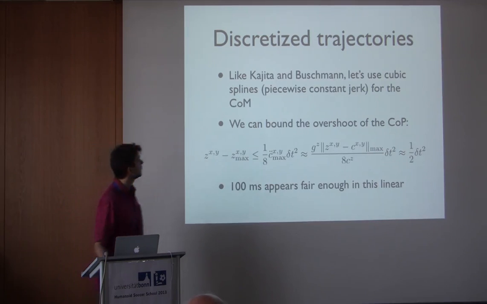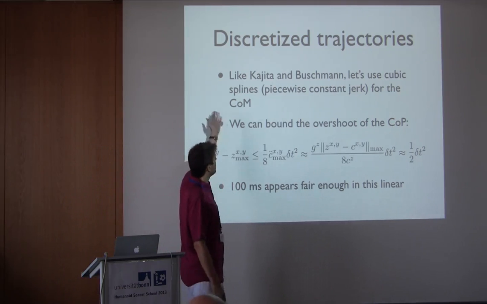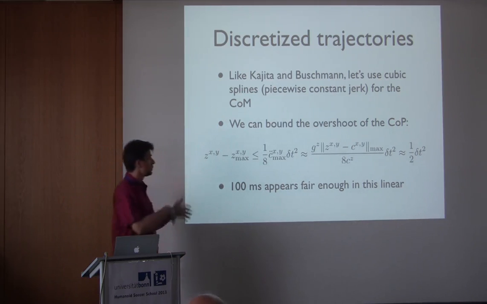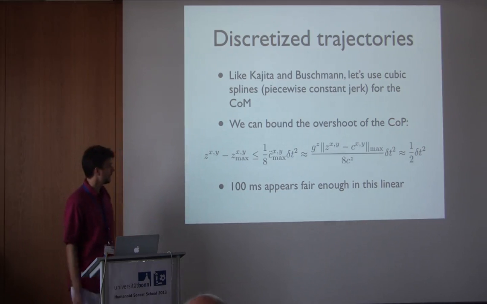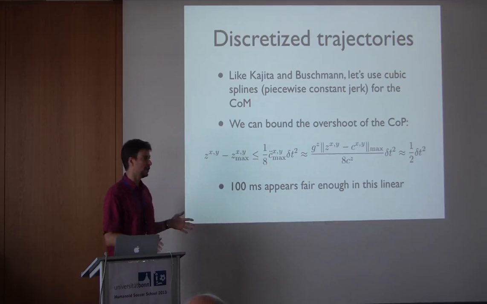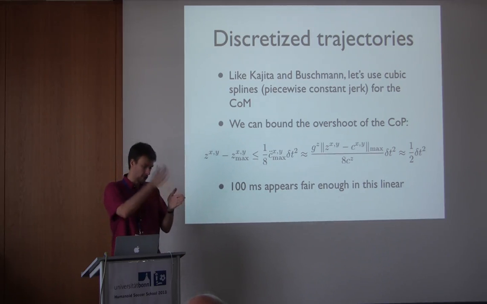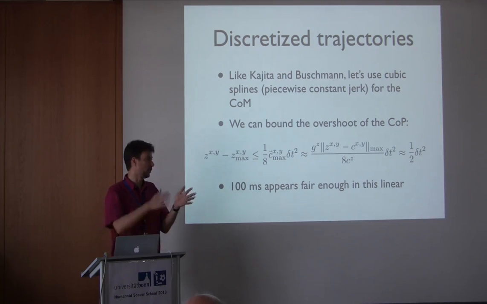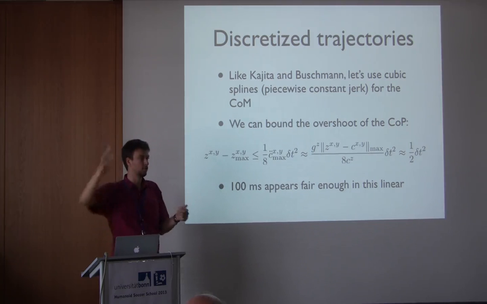So basically, what we propose, let's use cubic splines for the motion of the center of mass, and we consider splines every 100 milliseconds because you can, of course, between your control points, your spline is going to vary. And of course, you want to make sure that it doesn't vary too wide.